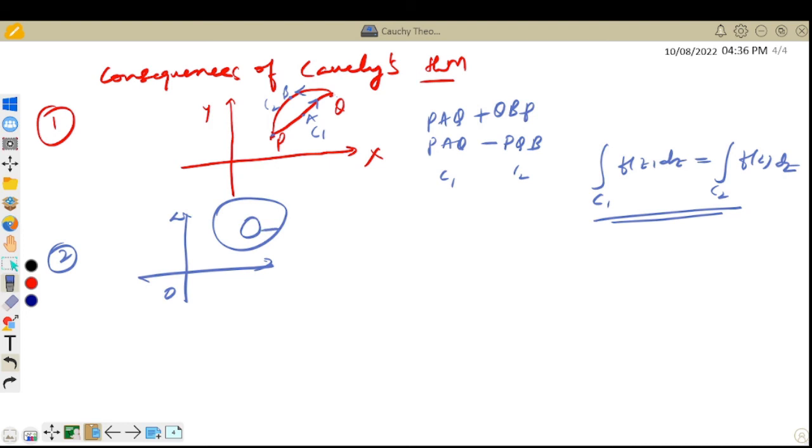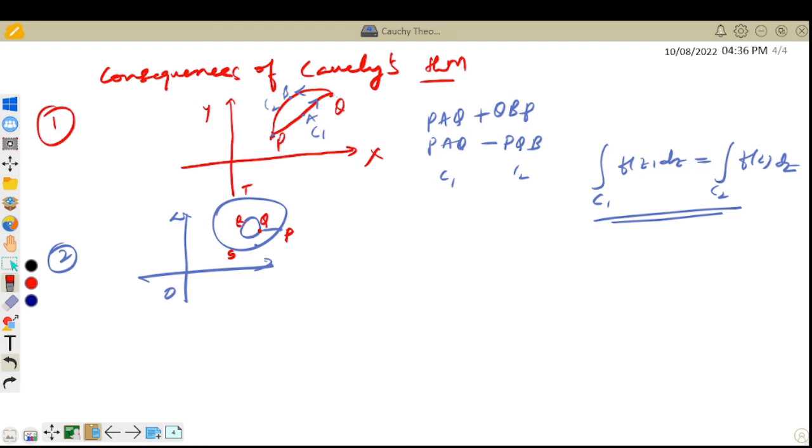After using the cross cut, this is some point P, this point is some Q, this is some S, T, and this is some R, the points I am taking.